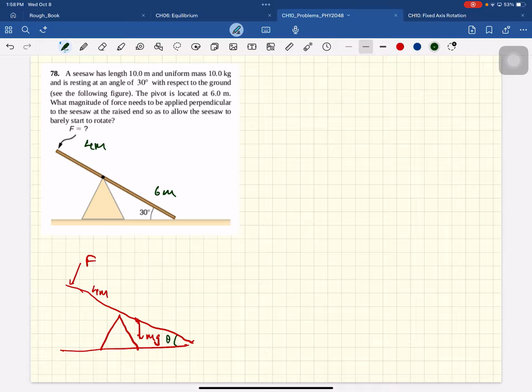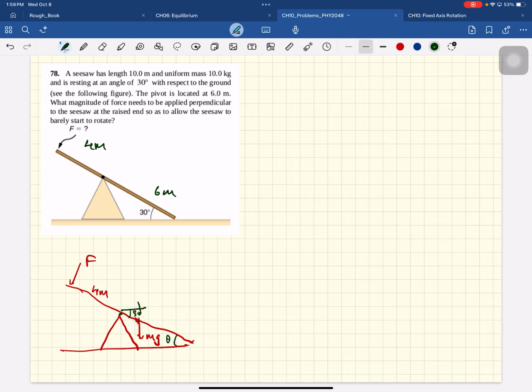So we're calculating the torques about this point. This angle is 30 degrees. I guess I'll need a bigger diagram. The moment arm is, this distance is 1 meter, so 1 cosine 30 is the moment arm for this force.